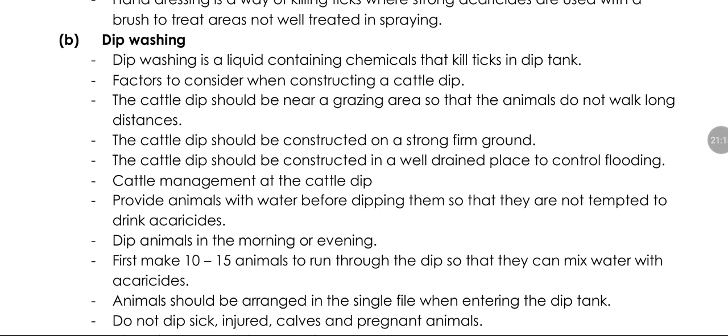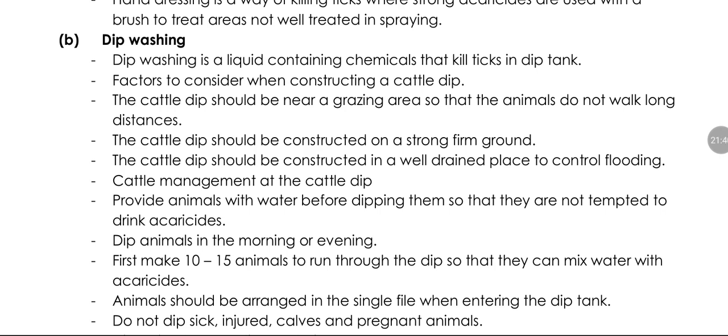So remember I told you dipping needs a physically fit animal. Bw'ejjanga ekooye ejja kulemererwa okuva mu tank eno which would cause death. So make sure that the deep tank is very near to the grazing area and animal katambulako wali na wali so that etuukamu nga tekooye esobole okubamu bulungi mu deep tank.